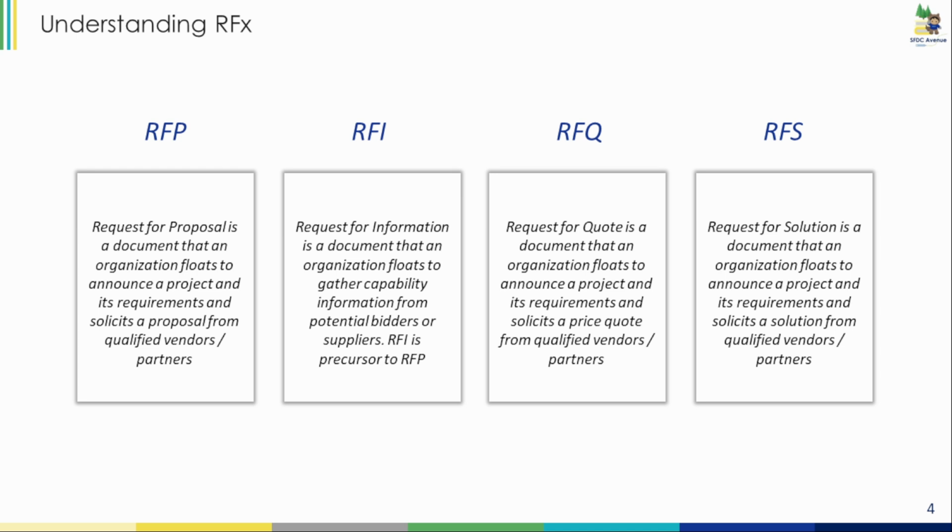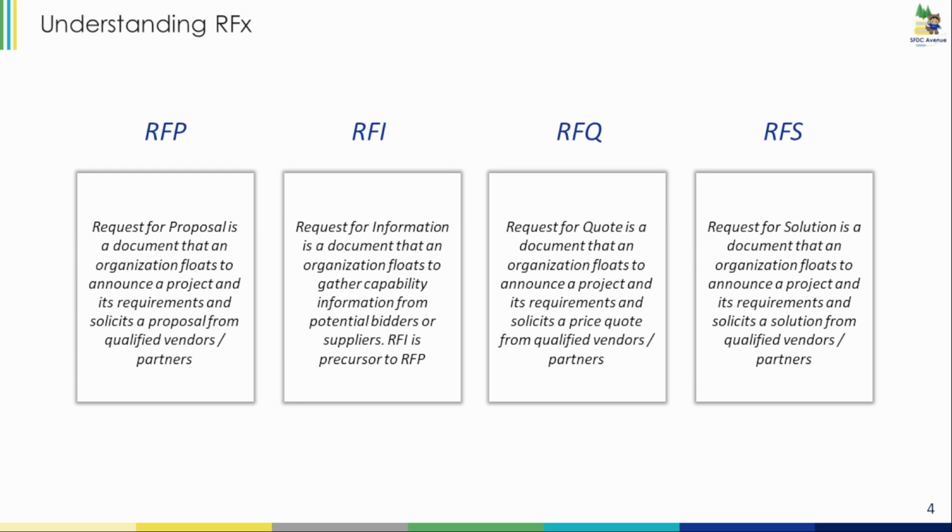So the first thing we understand is RFP is a document, most probably a Word document. Now this is floated by an organization, wherein they will give a brief of the project and the requirements they are expecting, and they will solicit proposals from qualified vendors or partners.